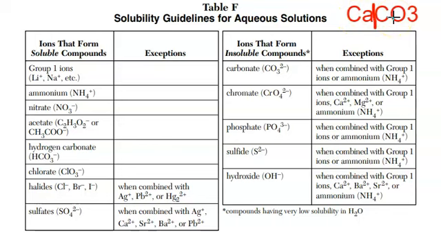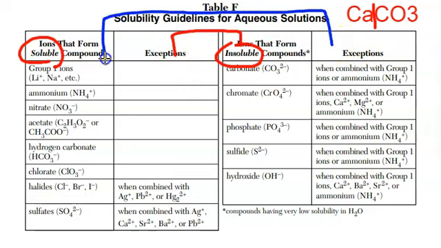What's also interesting about this table, I'm looking for soluble. Exceptions now are going to be insoluble. And then this column is insoluble. And then the exceptions are soluble. In other words, the two inside columns go together. These two outer columns go together.